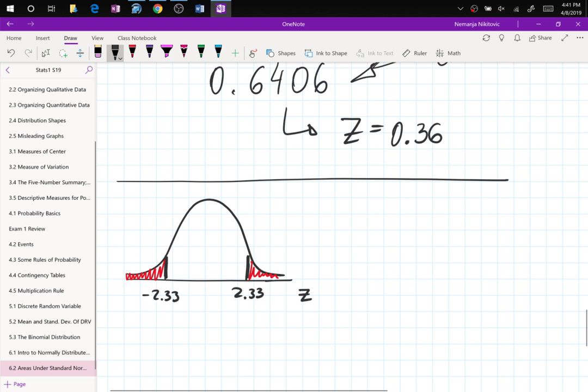Now you can exploit symmetry here, it's fine, right? What does that mean? They're balanced on both sides, so what do I need to calculate? Just one side and then times 2. Great. So we're going to go to the chart, and for z equals negative 2.33, we're going to find the area for negative 2.33.